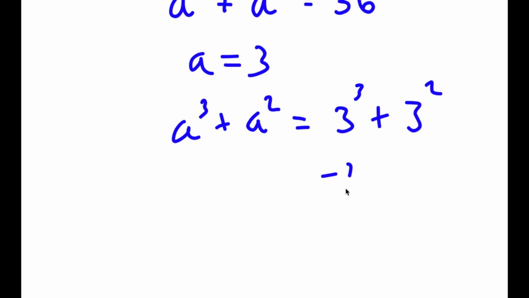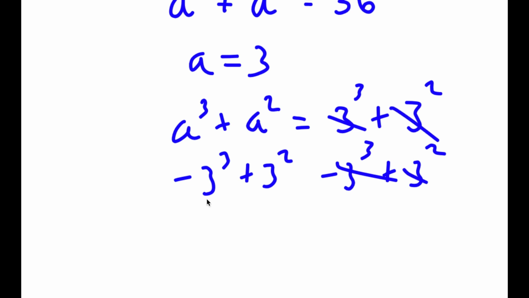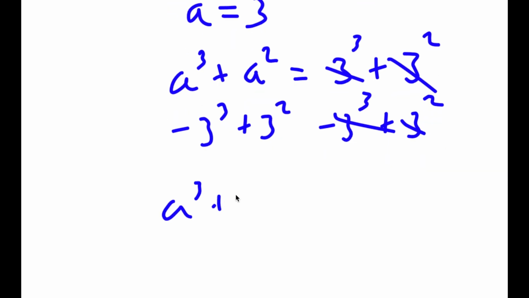So now I'm going to subtract 3 to the power of 3 plus 3 squared on both sides. So these two cancel out. I get a to the power of 3 plus a squared minus 3 to the power of 3 plus 3 squared minus 3 squared, is equal to 0.